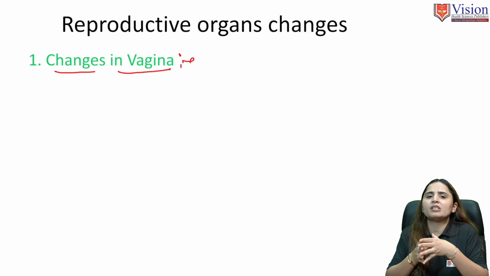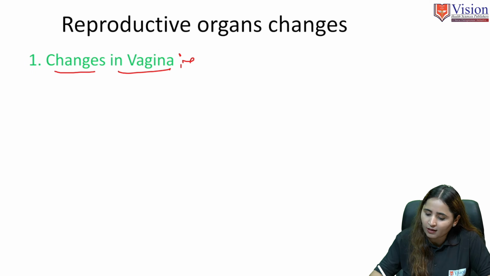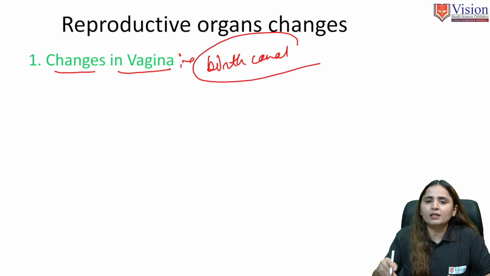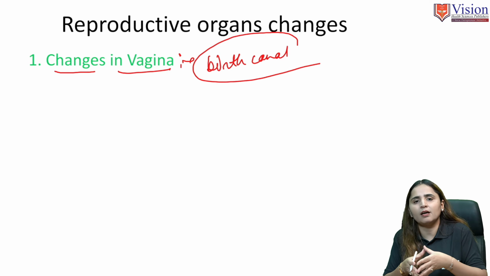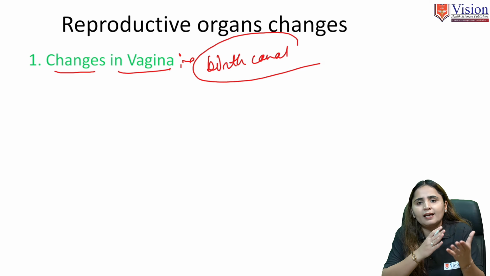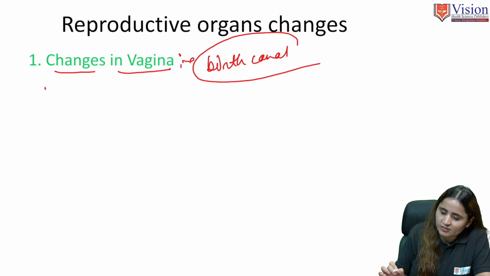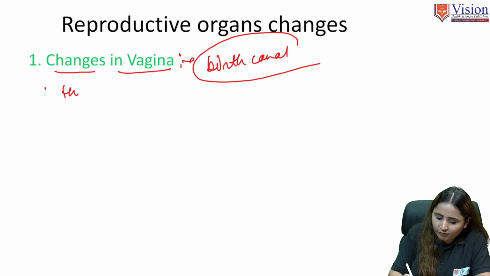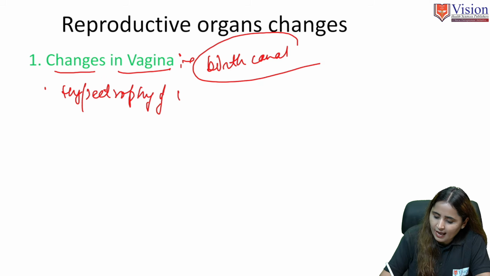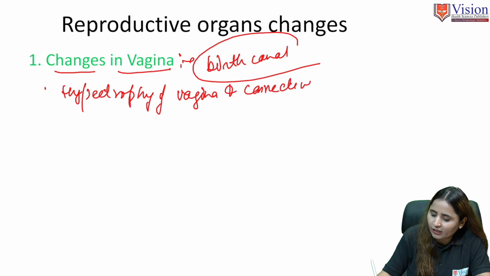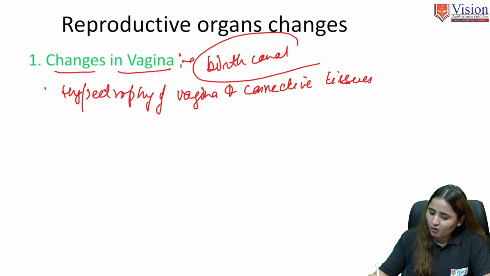We all know that the vagina forms a birth canal through which the baby is delivered. So first are the changes in the vagina. The vagina acts as a birth canal for the delivery of the child, and there is hypertrophy of the vagina, and connective tissues of the vagina also undergo changes.